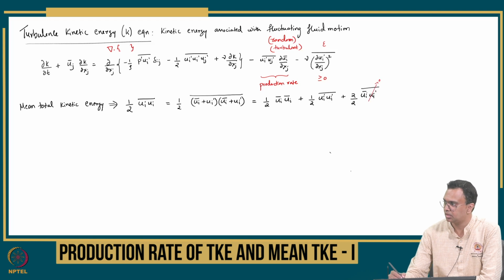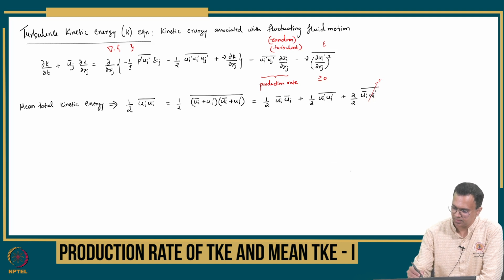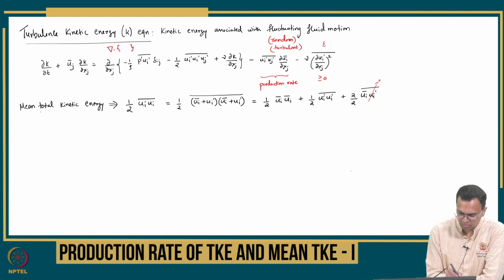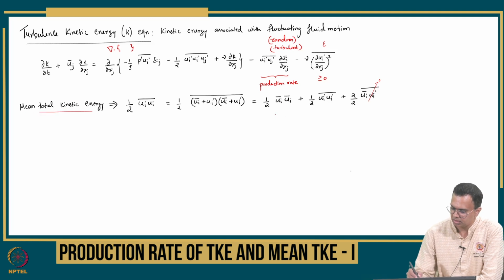Ui bar is the ensemble mean, so the average of a random fluctuation is 0. So I get only two terms remaining. So the mean total kinetic energy can be split into the kinetic energy associated with the mean fluid motion and the kinetic energy associated with the turbulent fluid motion.